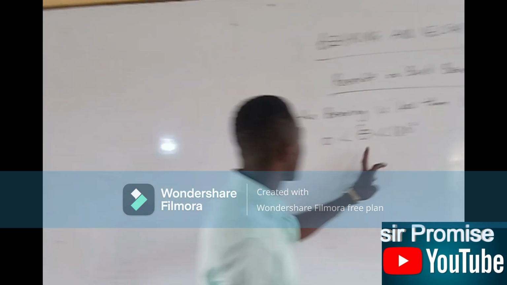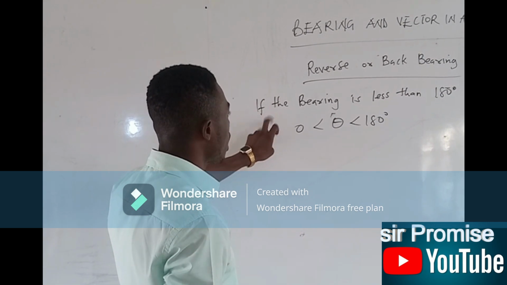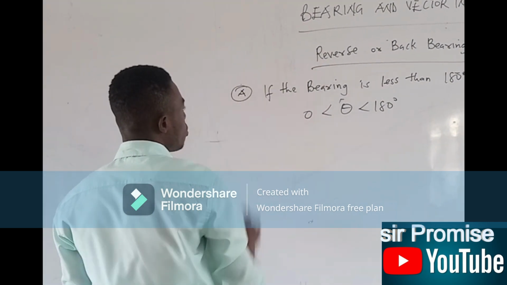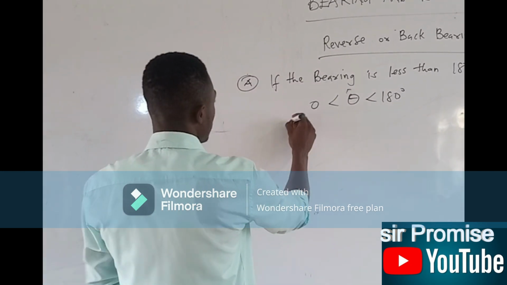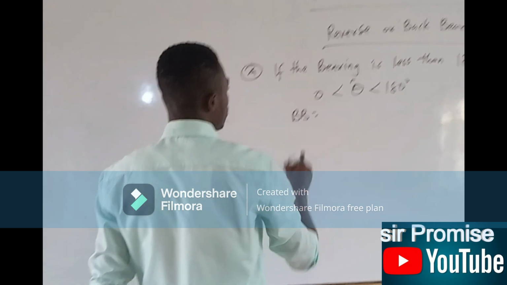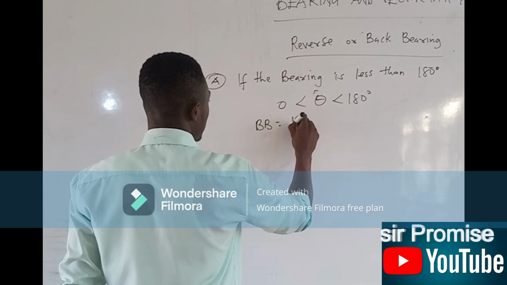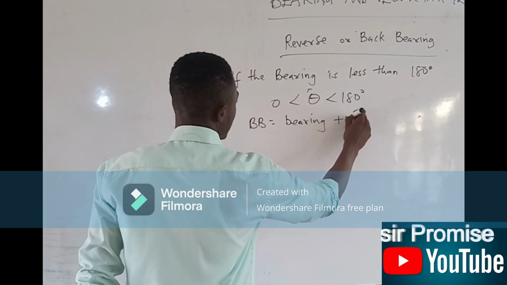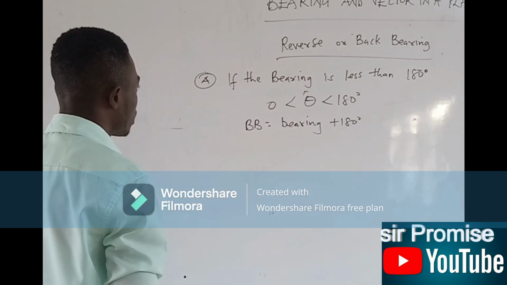Any angle that is between 0 and 180 falls under the first rule, or the rule A. If it is so, then to find the back bearing, we always write the bearing given plus 180. That way it will help us to find the back bearing.